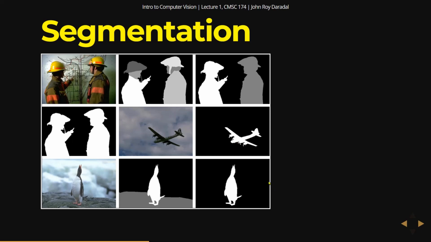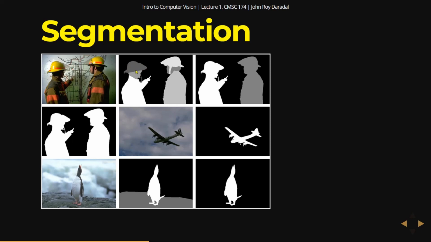And then there are different levels of segmentation. For example, the penguin is here, and then there's also the ground here that's being segmented. Or you could also just include the ground as part of the background itself, and then just have the black-white segmentation. Okay, and then here on top you have detailed levels of segmentation, like this part is segmented differently.